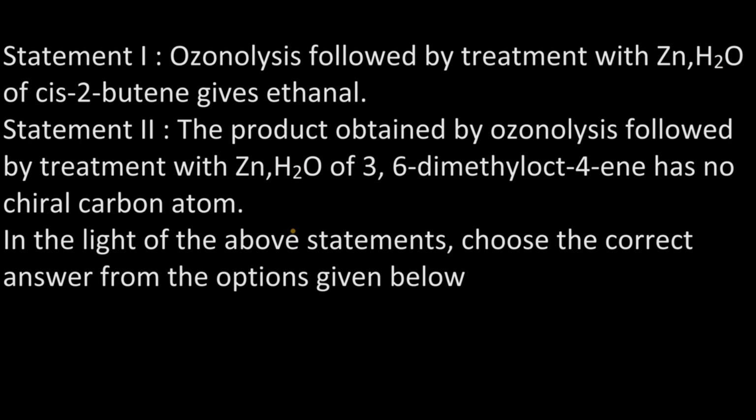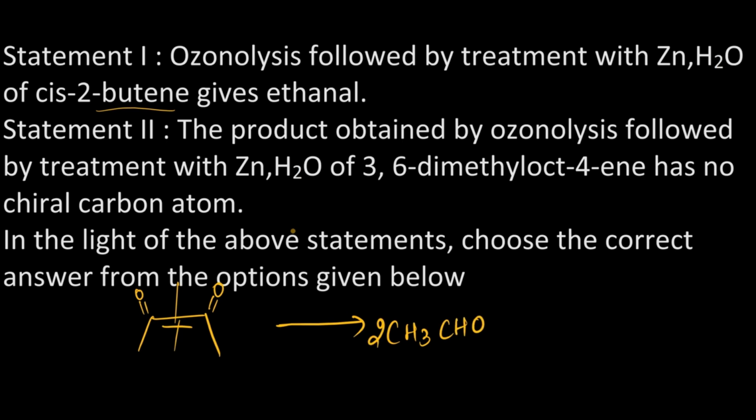Treatment of cis-2-butene: I told you, whenever you do ozonolysis of ene compounds, break the double bond, put double bond O, double bond O. So we end up with CH3CHO, two molecules, which is ethanal. That's right.